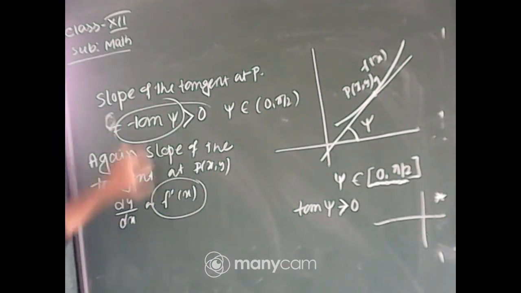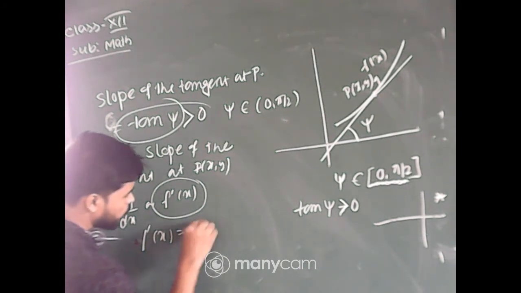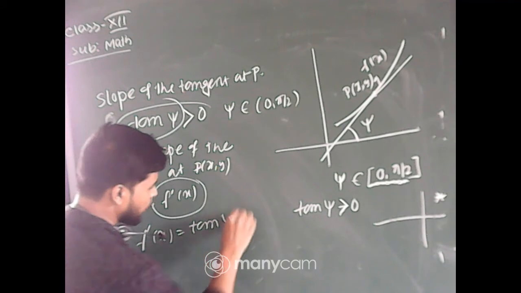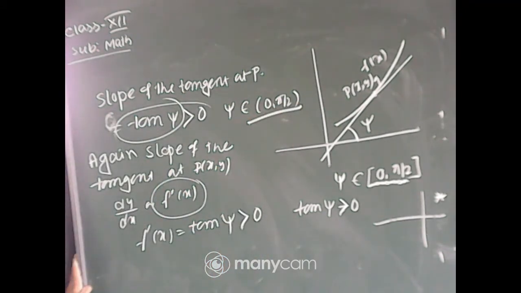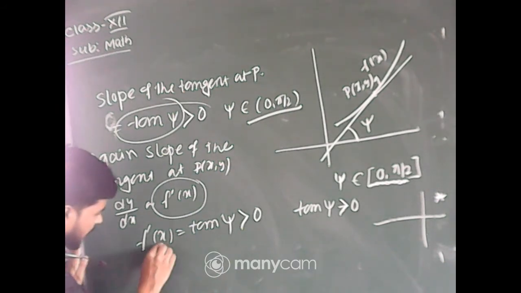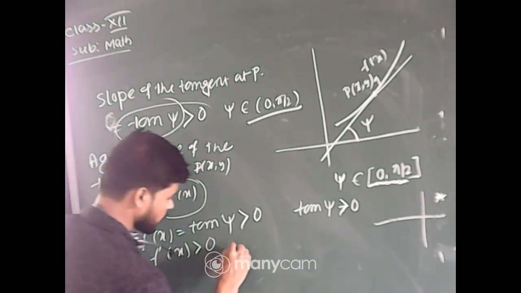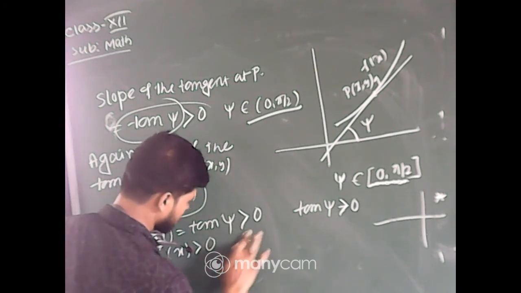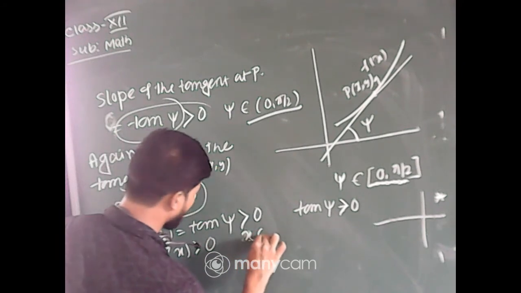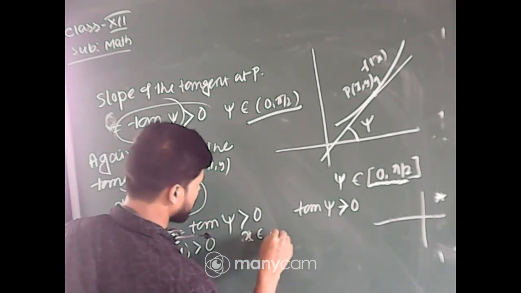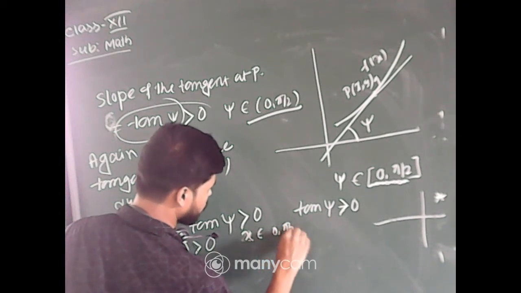So if I compare these two, can you write that f dash x is equal to tan psi, whose value is greater than 0 where psi belongs to this interval? So finally we have that f dash x is greater than 0 where psi belongs to 0 to pi by 2.